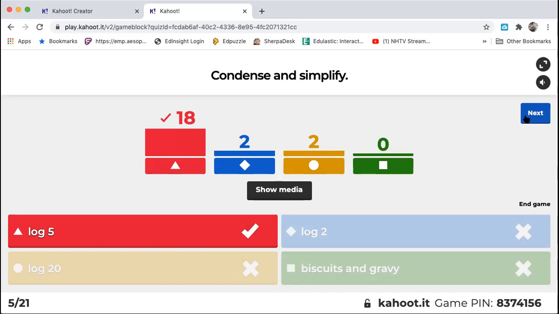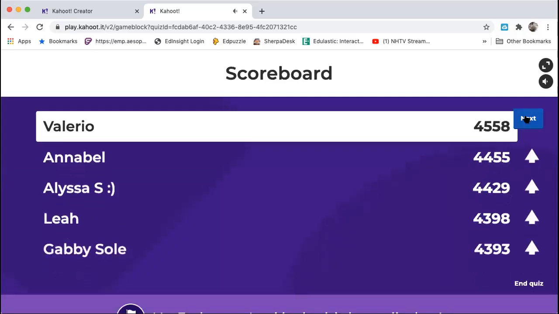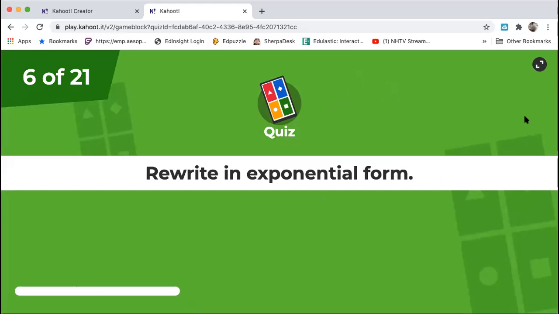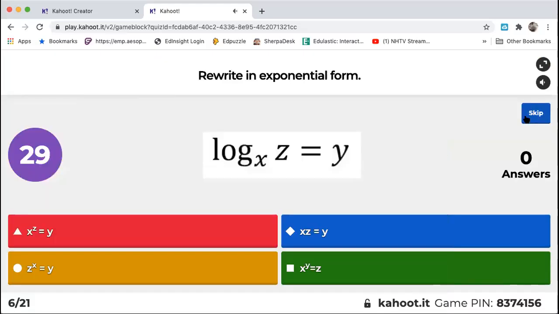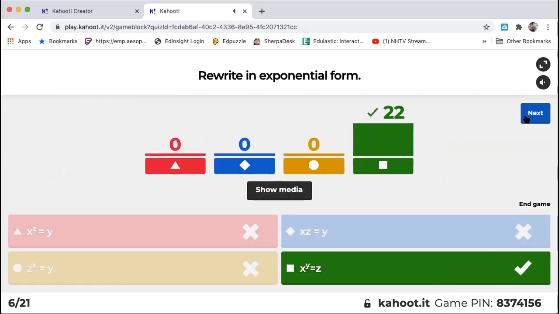So move the exponent first, then pull them together, but you've got to move that exponent first. Lots of people moving up here. Good.